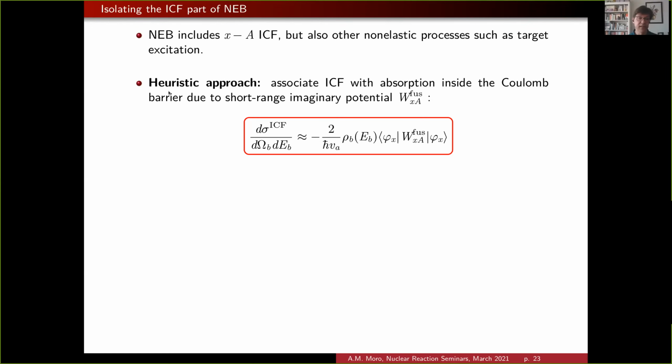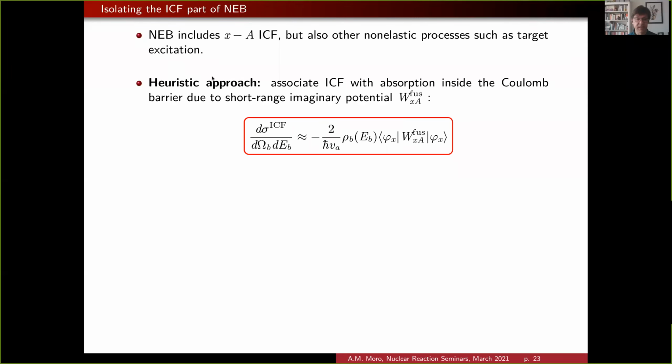So the point is that non-elastic breakup includes incomplete fusion, but also some other effects. Non-elastic breakup is not just incomplete fusion because it includes, for example, target excitation, which is not incomplete fusion. So the problem is how to extract the incomplete fusion component from the total non-elastic breakup.